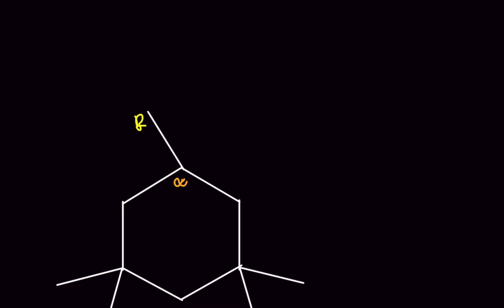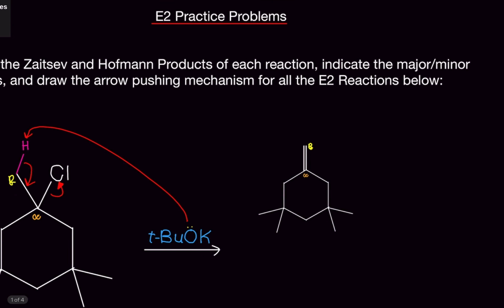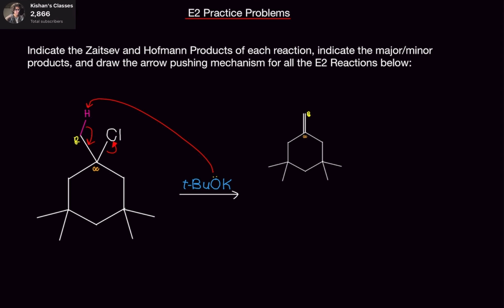You can't have a bond going in this direction. You need to draw it straight. So that's what we're going to do. This is still the beta carbon. And remember I said that the double bond always forms between the beta and alpha carbon? There we go. And that's the answer. That's one of the answers.